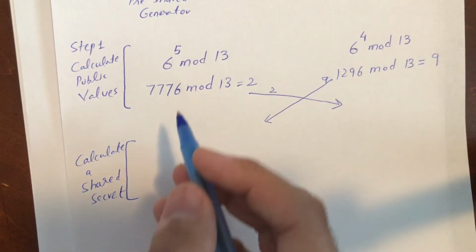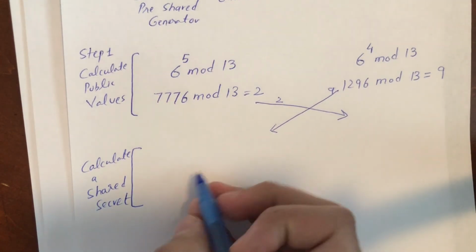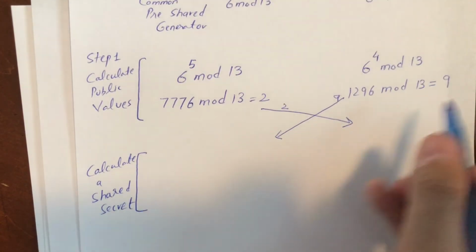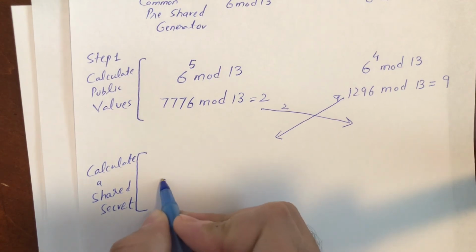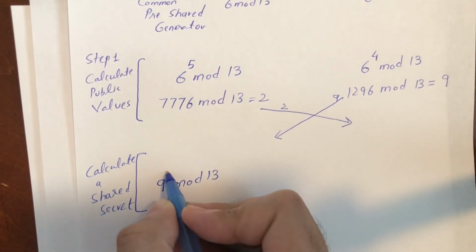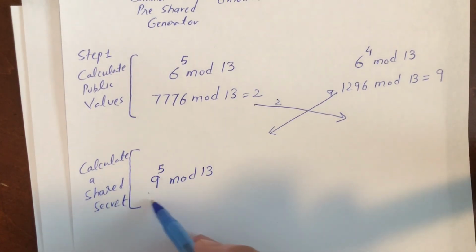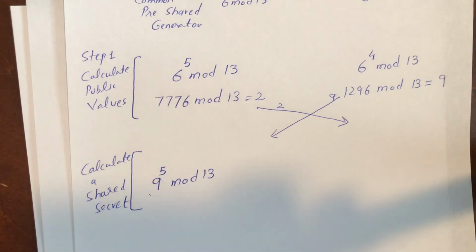Now she will change the relationship, like the base will be changed. Instead of 6, we will use the public value sent by Bob, 9 mod 13, again raised to the power of the same secret, Alice's secret value, but we change the base. Instead of 6, it's going to be 9.